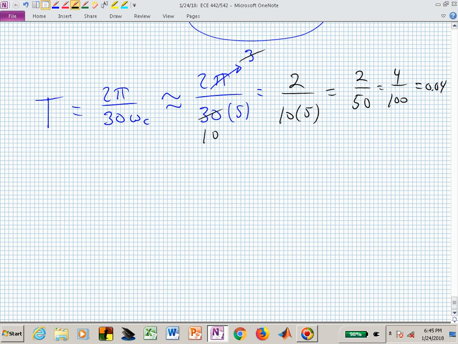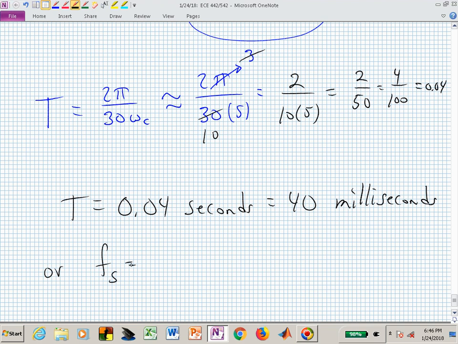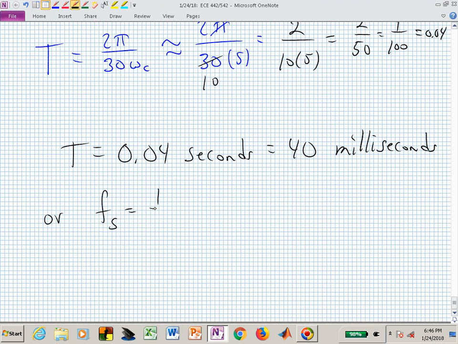So now this T is 0.04 seconds, which is 40 milliseconds, or the sampling frequency in hertz, or cycles per second, is 1 over T. And now you're really going to like this if you like the last one. This is now 1 over 4 over 100. There's the 25 hertz.